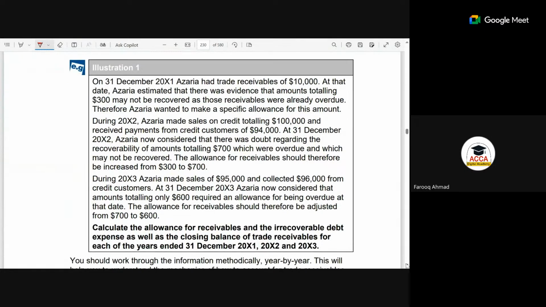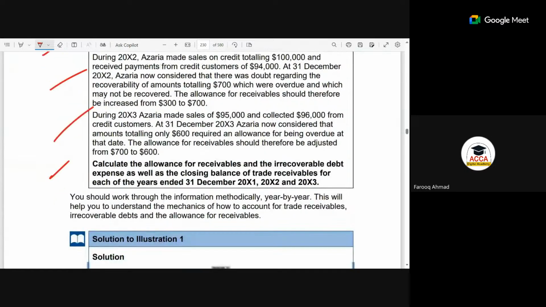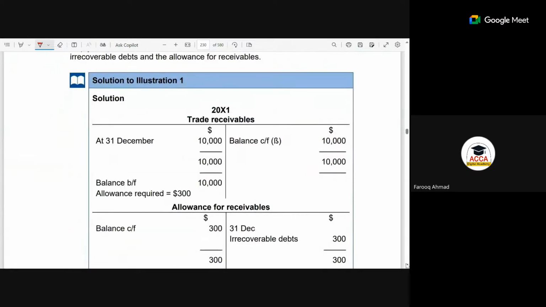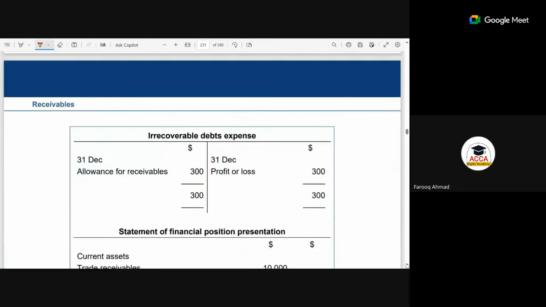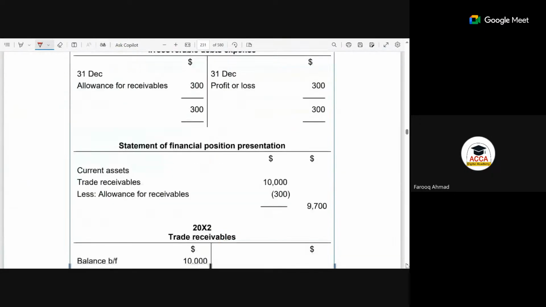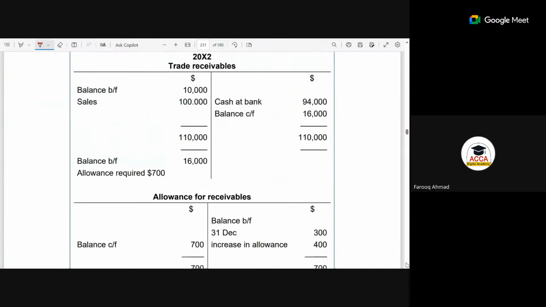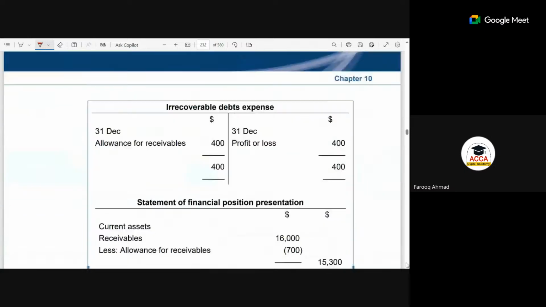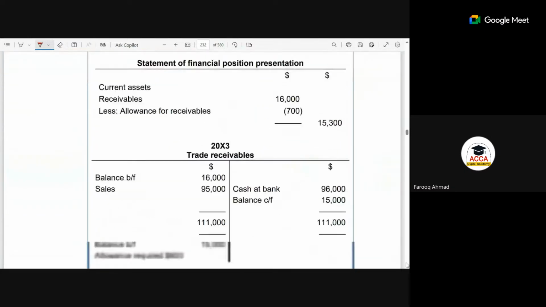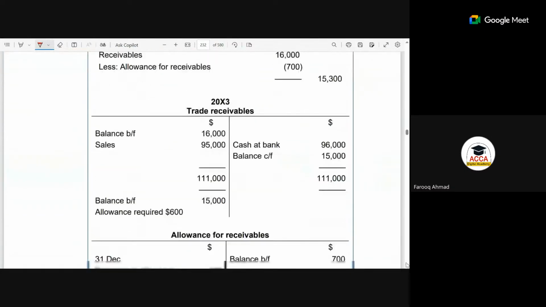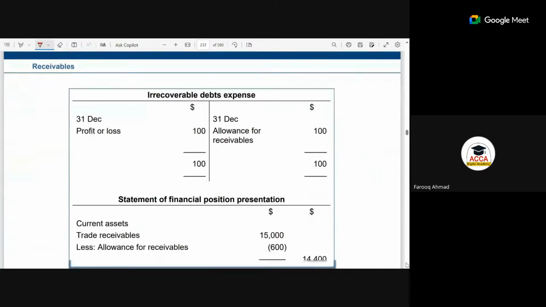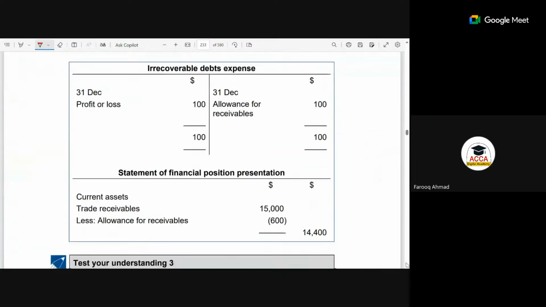So these are the practice questions or parts which will test you in the examination. These are all three accounts for this illustration, which we are now moving forward with.